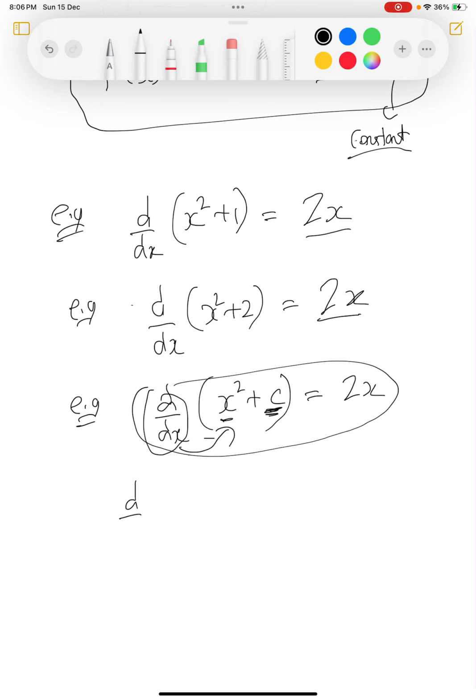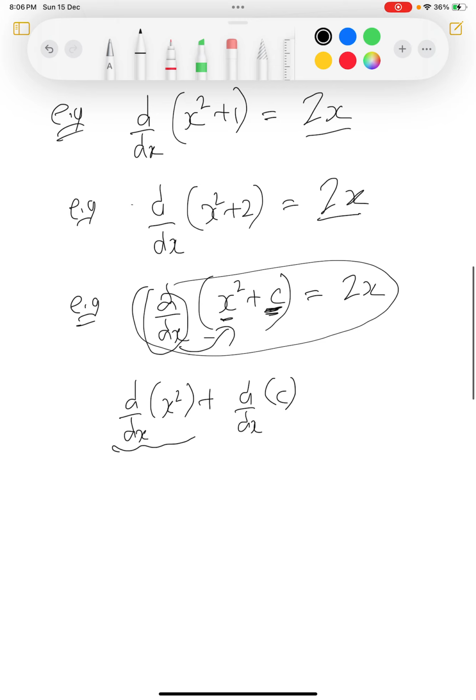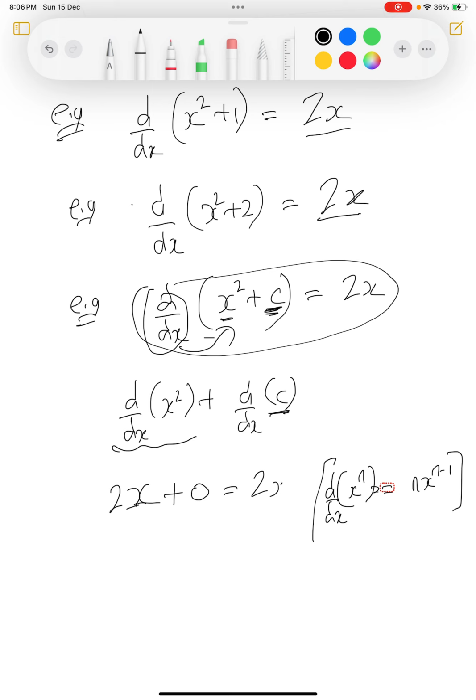So I will get the derivative of x square plus the derivative of c. By the formula, the derivative of x raised to power n is n times x raised to n minus 1. I will get 2x plus, this is a constant term, so it will be 0, which means 2x.